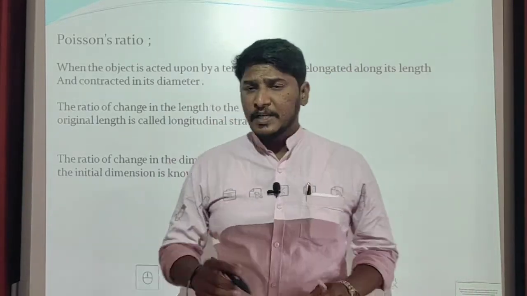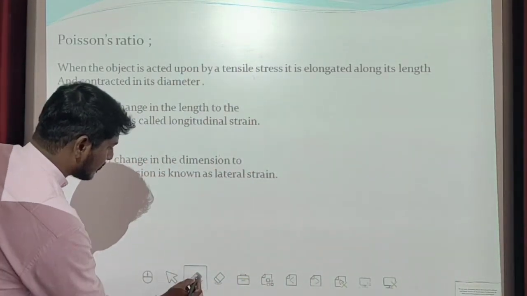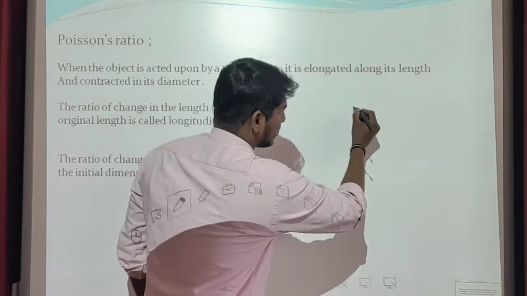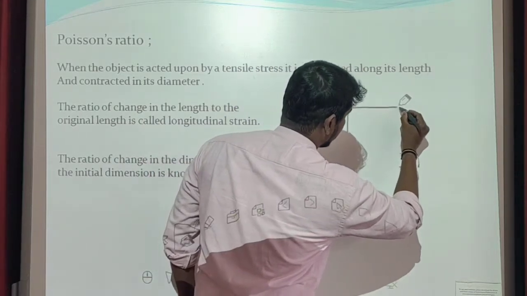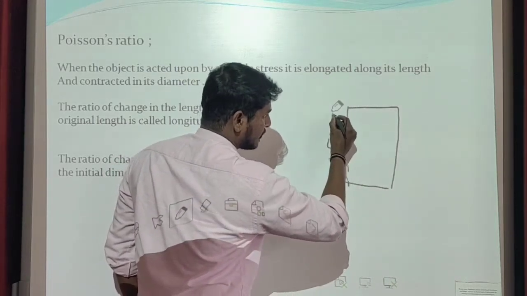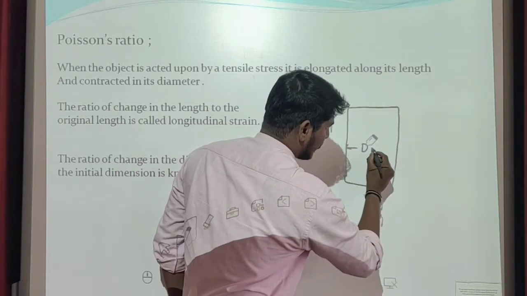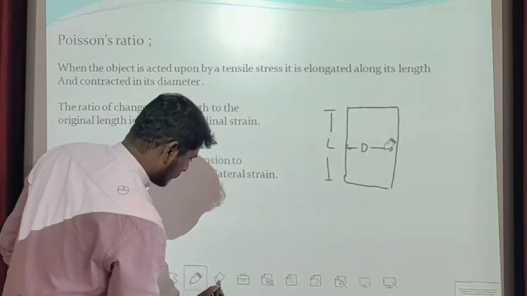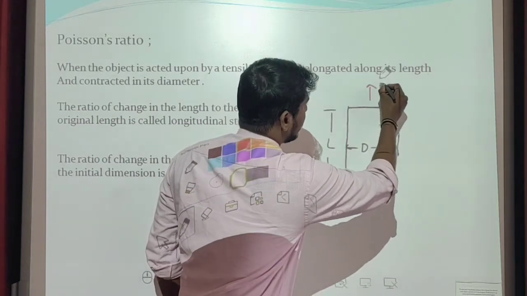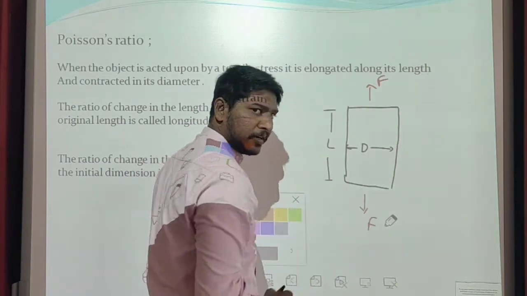Let us try to explain the same example diagrammatically. Here, this is the object and it has some initial length L and diameter D. After applying tensile stress or longitudinal stress, this body undergoes deformation.